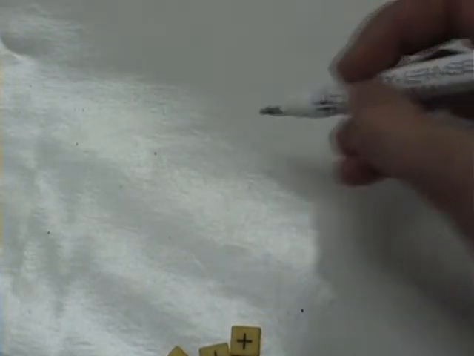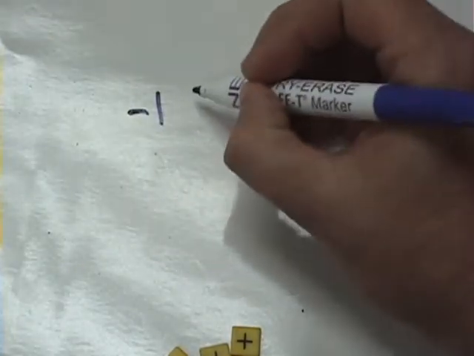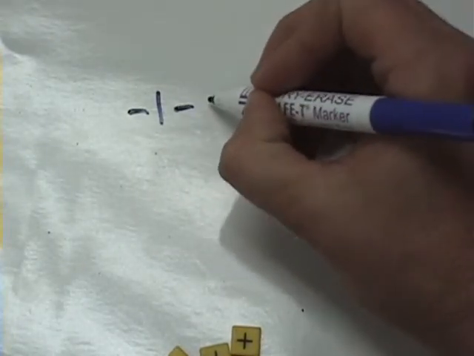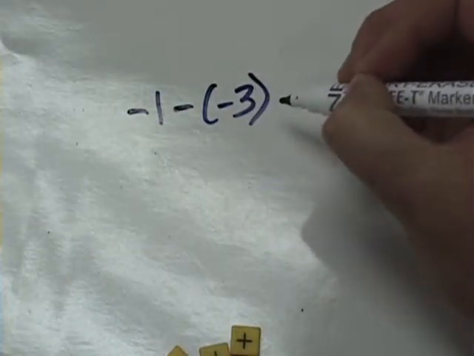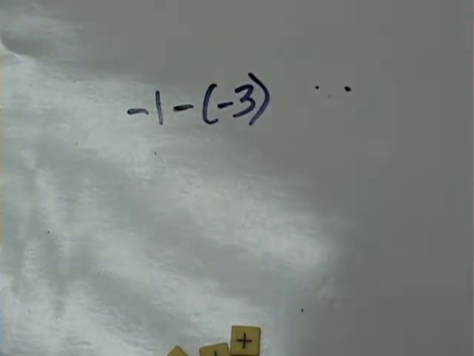Now another one would be subtracting 2 negatives. So let's say we had negative 1 minus negative 3.